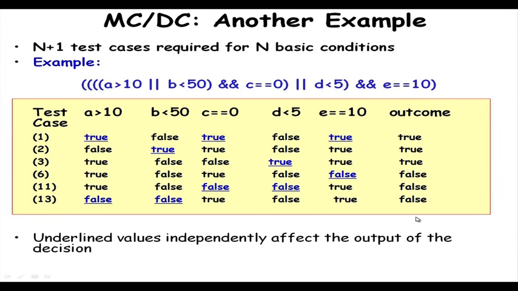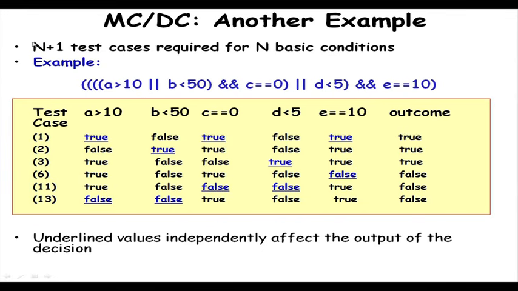Now, let us look at another example. Just to understand this technique better, let us look at another example where we have 5 basic conditions, and then we will see that we can achieve MCDC coverage with 6 test cases.